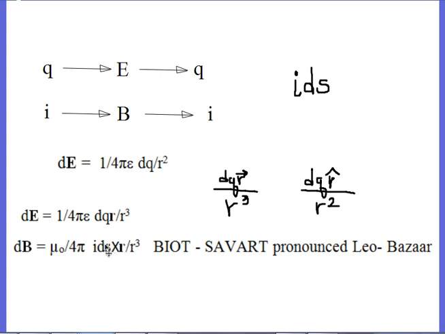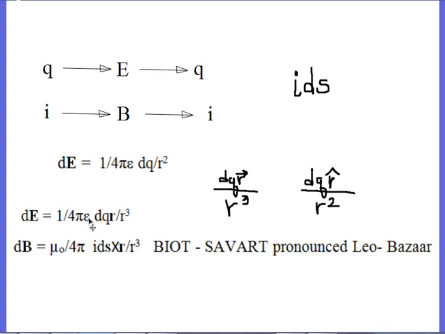And you need to do a right-hand wrap from the direction of the current into this vector, which, as was the case up here, will be going radially away from the wire, and that will give you the direction of B, and this will get you the magnitude of B.